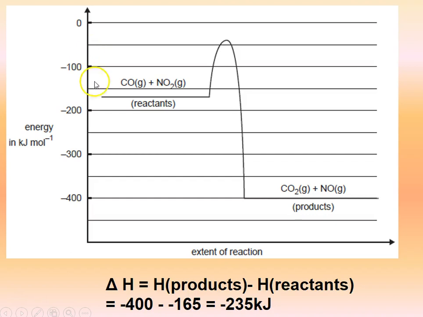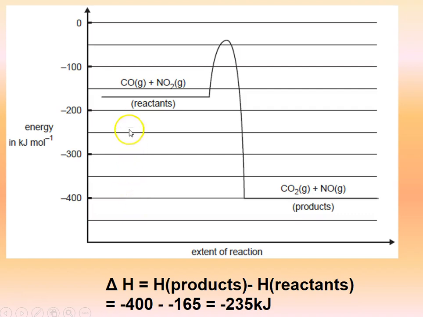So if we look at the difference, your change in H is not right. What on earth is going on? Oh, here we go. The energy in your products, that's here, is minus 400, and we're looking at the difference between here and here, really. So you can almost do this in your head, can't you?